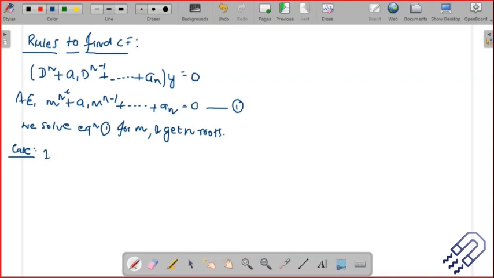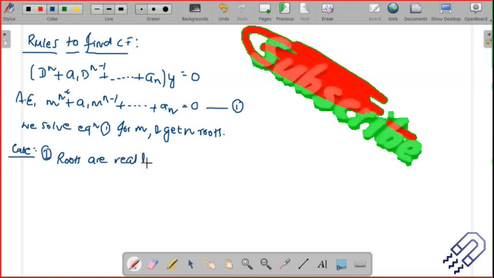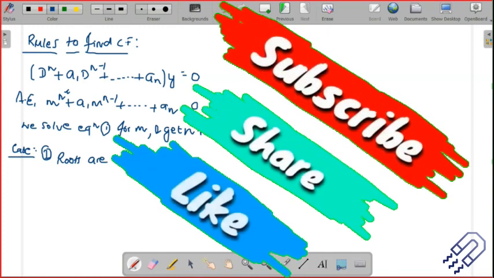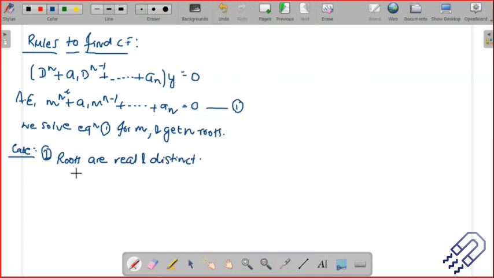So let's just look into case 1. Okay, roots are real and distinct. By distinct, I mean there are 2 different roots. It might be there are 2 roots and the values are same, so they are not distinct, right?